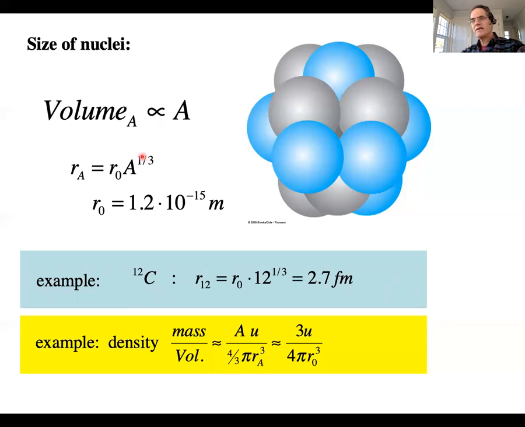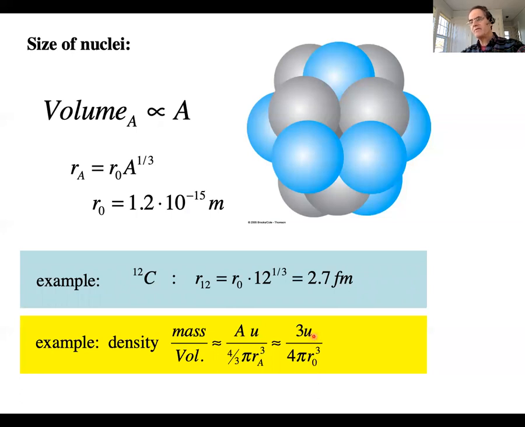And then substituting here, R sub A cubed would be R0 cubed times A. And making that substitution, we'd find that the A's cancel out, and we're left with a density for atomic nuclei which doesn't depend on A. And it works out to be 3U over 4 pi R0 cubed.